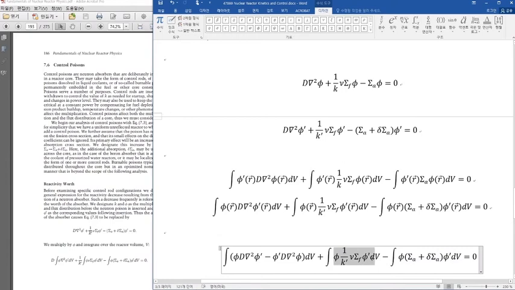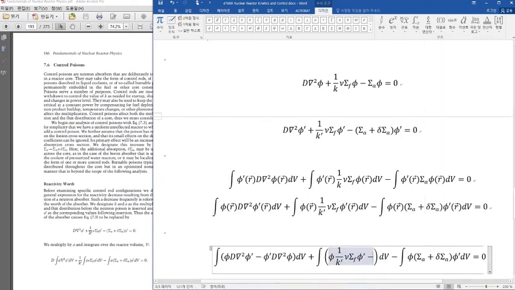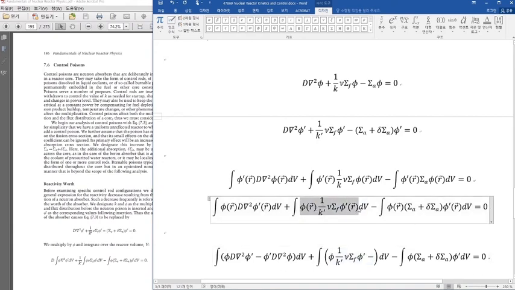What about the second one? Of course, similarly. Inside of the integration, we have a phi prime, and we have the same nu sigma f and phi. And phi prime will be the same with phi prime and phi. So, in other words, this minus, basically this minus 1.